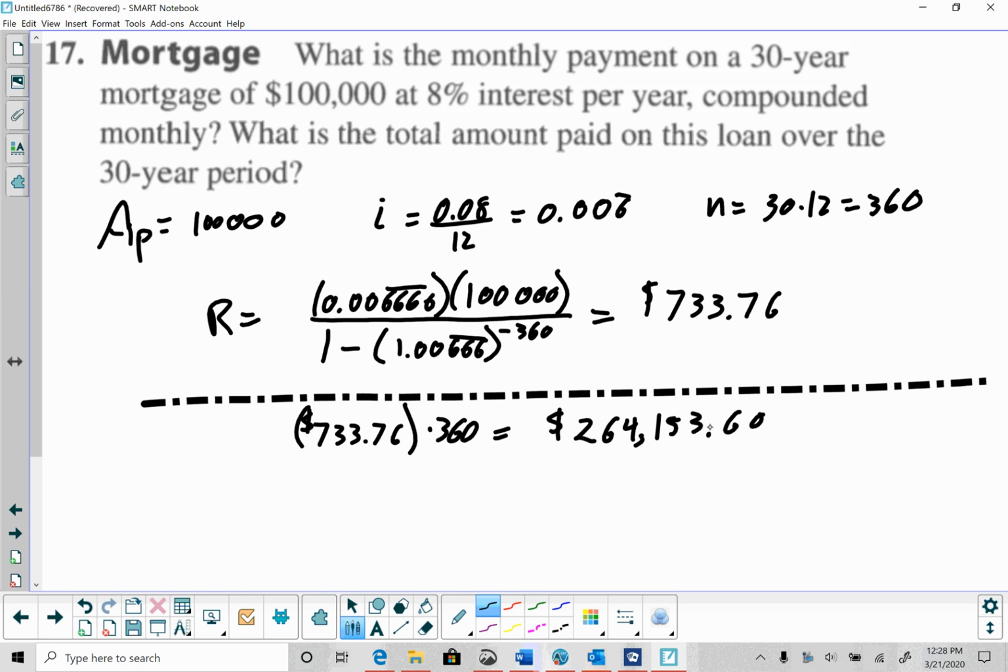If you want to take out a mortgage and buy a house that's worth $100,000 now, or at least you're taking out a $100,000 mortgage, maybe you've saved up for a down payment yourself, in the end, you're going to pay back to the mortgage company a total of $264,153.60. So you're paying back the original $100,000 that you're borrowing, and you're paying more than twice that amount in interest.